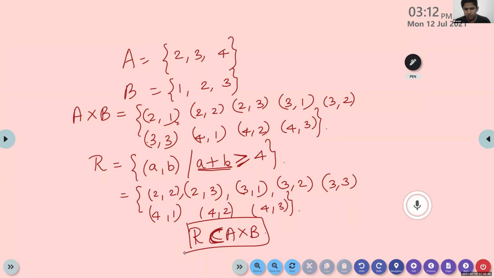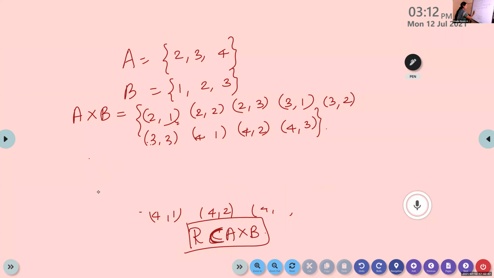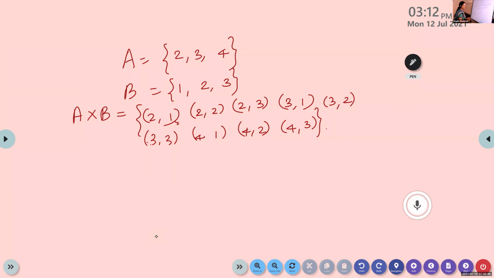Yes, ma'am. Now let's do one more example here. I'm defining the next relation, R1, as the set of all ordered pairs (a, b) where a is equal to b squared. A is equal to b squared means the first element must be the square of the second element, isn't it?